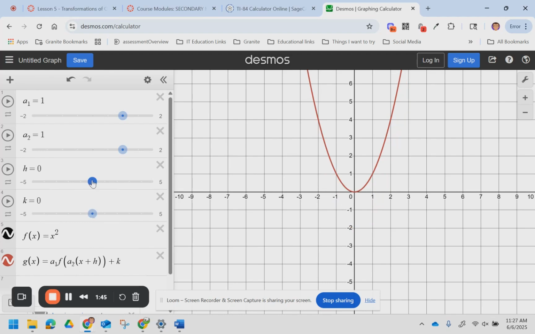Now let's look at h. So as I move h values, notice how that is changing. Okay, so if we are adding a positive 4, notice it takes us all the way back to negative 4. Now, the reason for this is, remember, this is happening inside the parentheses. This is happening to the input. So if I'm adding a 4 to all of my inputs, that means all of the outputs that it used to give are going to happen 4 places sooner because we added a 4.